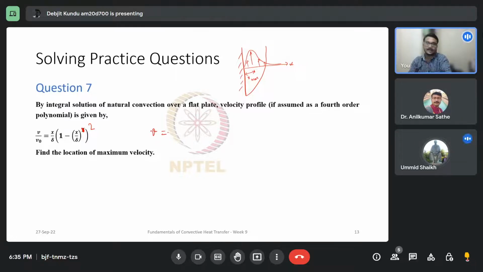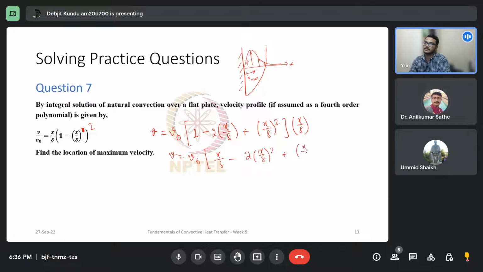So this would be v naught into 1 minus 2 x by delta plus x over delta whole square, and this thing multiplied by x by delta. So once again, it would become v naught into x by delta minus 2 x by delta squared plus x by delta cubed.